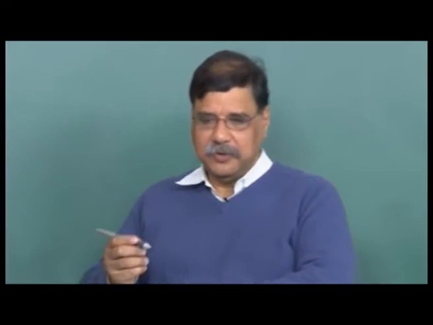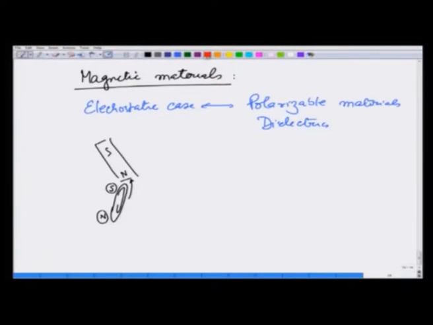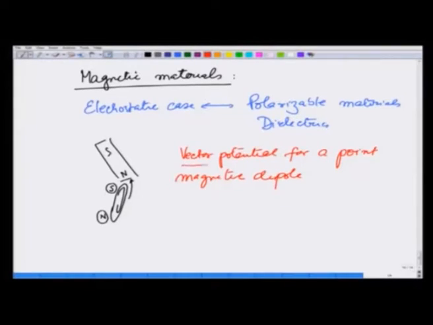So, to start with, to develop the subject, I will first calculate the vector potential for a point magnetic dipole, because finally, when we want to interpret the magnetic moment, we will do it through bound currents and so on, and for that it is important that we know what the vector potential looks like for a small magnetic dipole.